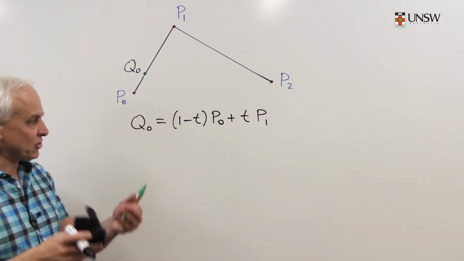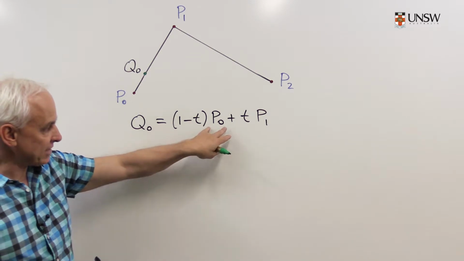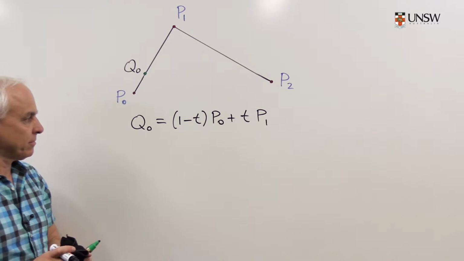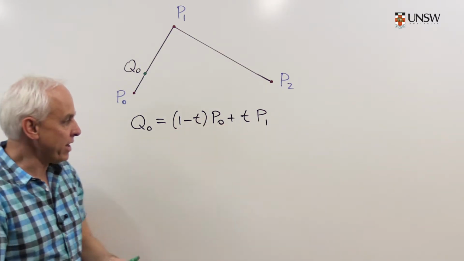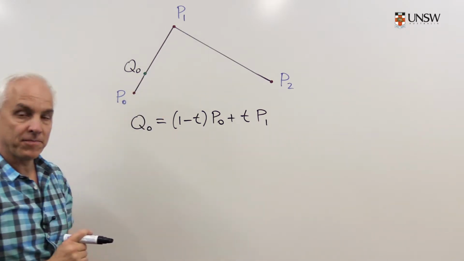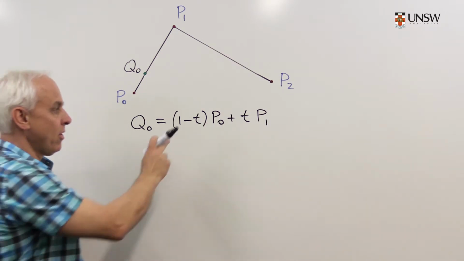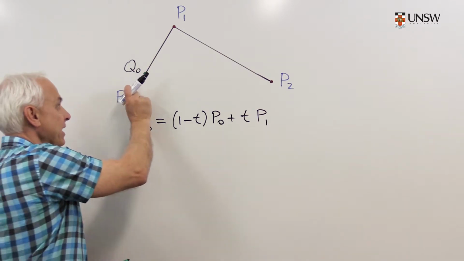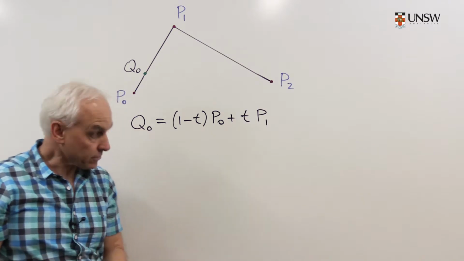So we're using the vector notation here, even though we've got points, but you should think of these things as the coordinate vectors of the points in question. So (1 minus t) P0 plus t P1, as t goes from 0 to 1, this point will move from first P0 when t is 0, all the way up to P1 when t is 1. Okay, it's going to be steadily moving along here as t ticks from 0 to 1.